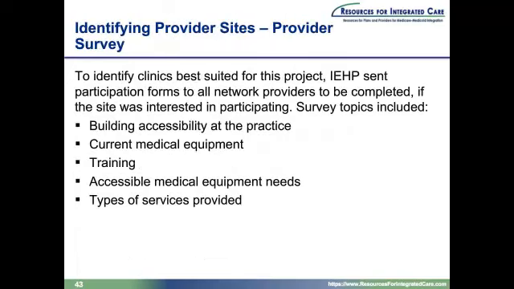So we developed an application that looked at a couple of things for each provider. We looked at their existing building accessibility. We looked at the current medical equipment that they had. We also addressed training and their training needs. And we also looked at the types of services that they provided.